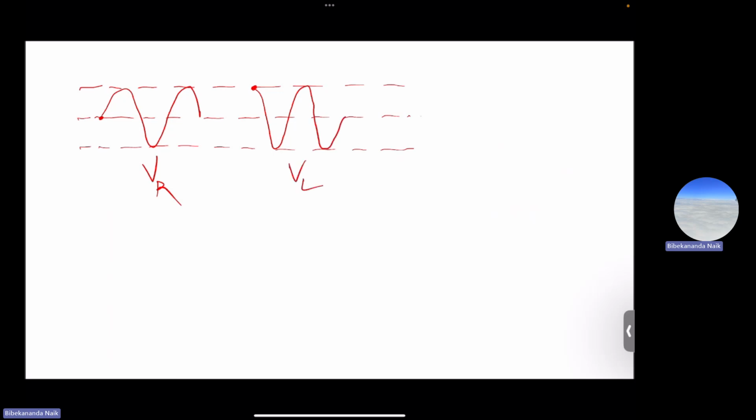So it is VL, and for the capacitor it lags by 90 degrees, so it will be like this. This is VC. Where, what is I?